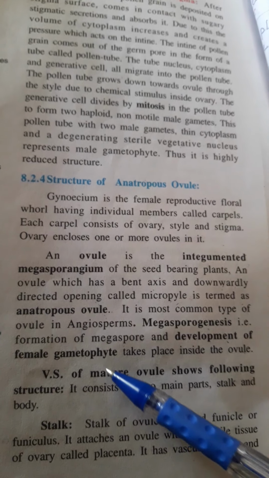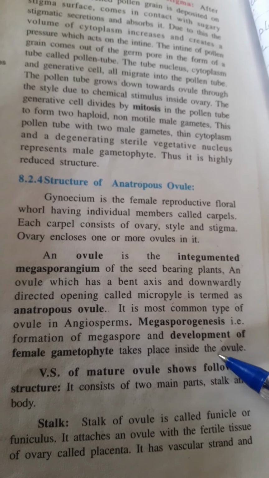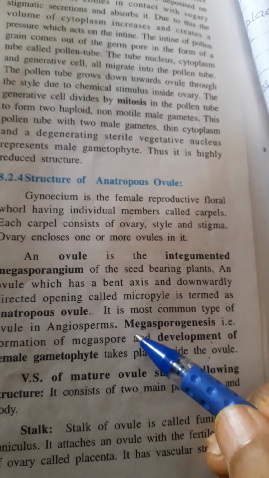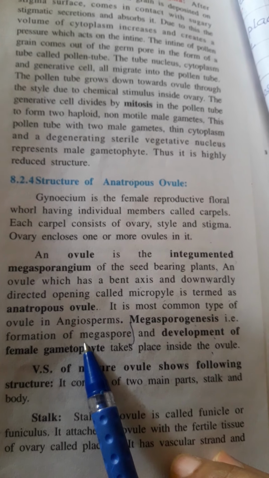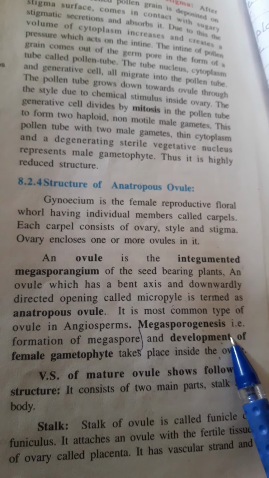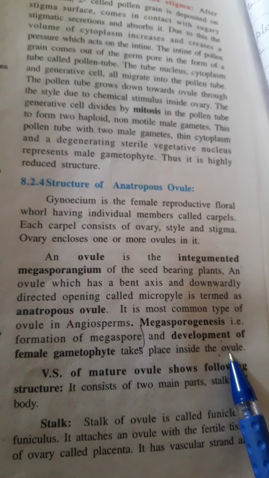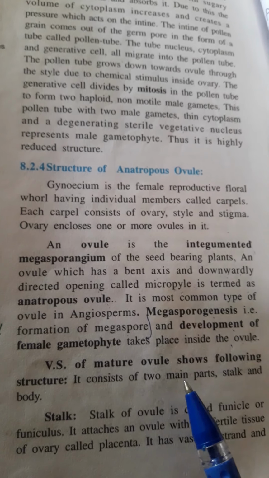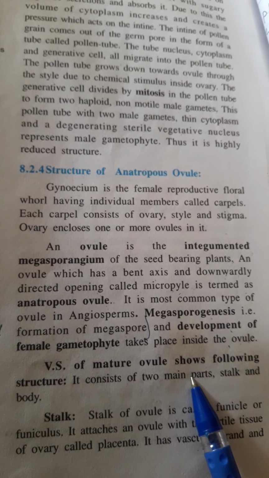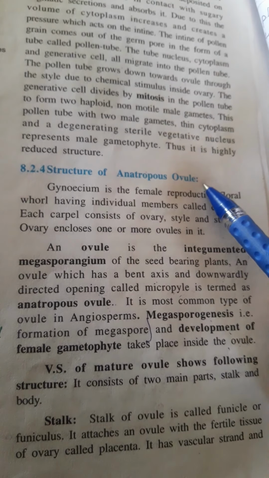Where does the development of female gametophyte take place? Inside the ovule. Now, let's see the VS of mature ovule, or you can say structure of Anatropous ovule.